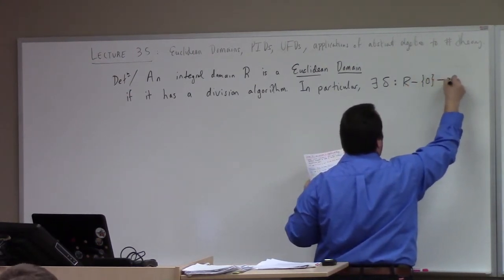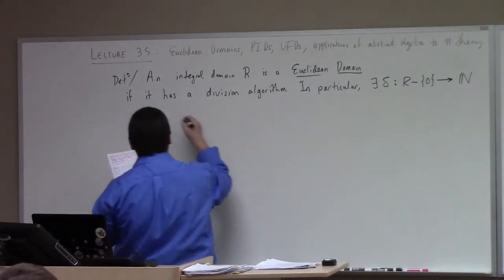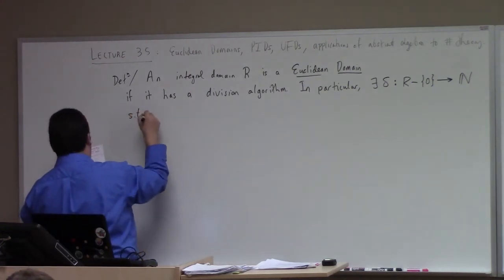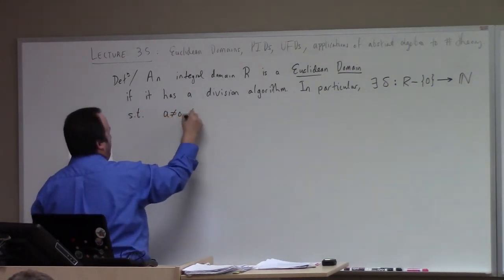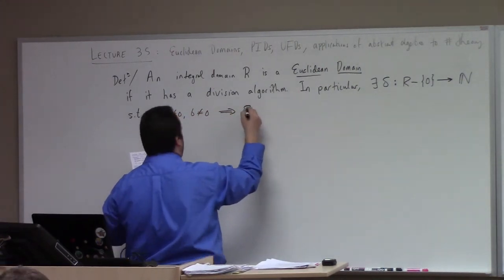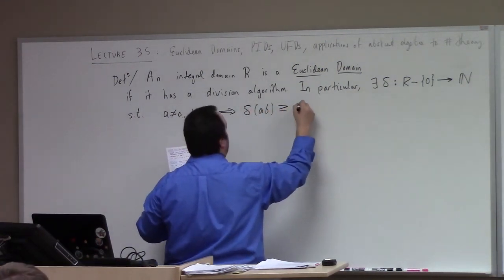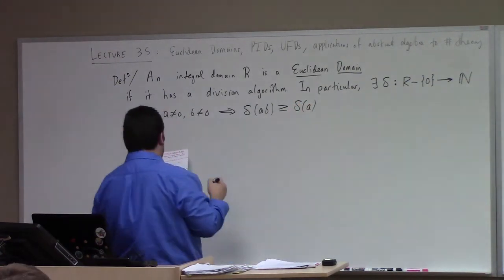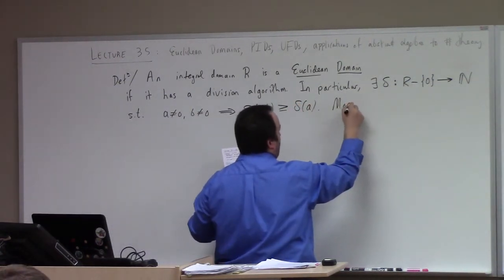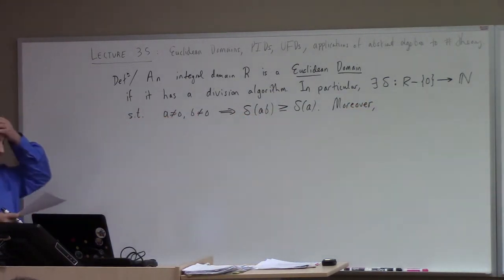I think he removes 0 from the ring and maps to the natural numbers such that A not equal to 0, B not equal to 0 implies that he calls this the divisor function of AB is greater than or equal to the divisor function of A. Moreover, and so he has these in 2 different pages. So what I'm doing is I'm collecting together his definition of a division algorithm and also a divisor function in one place, because you need both of those things to have a Euclidean domain.